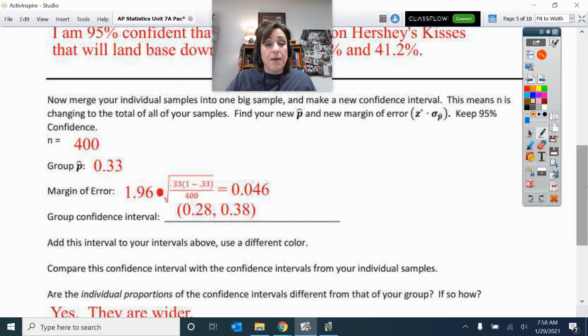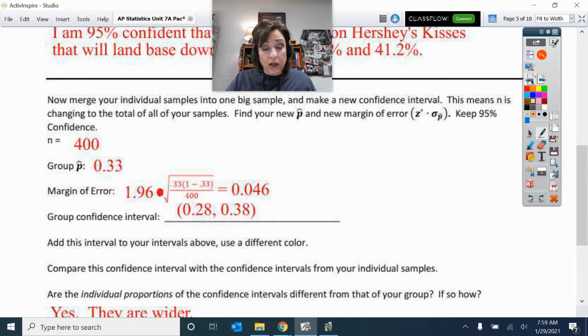Why? Because when we had a sample size of 400, that made this standard deviation smaller, and hence the margin of error was only 0.046.